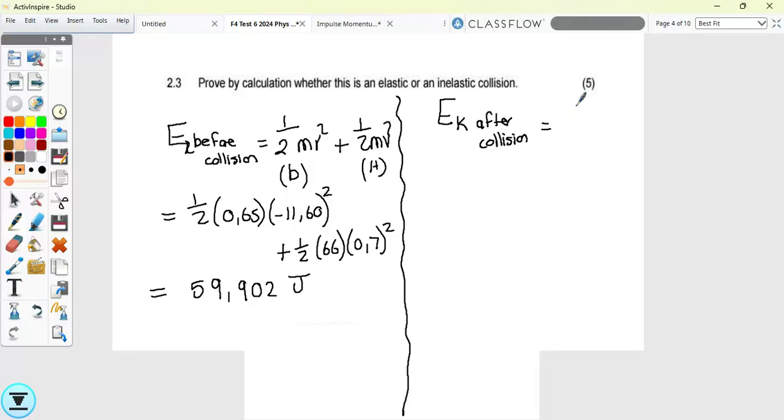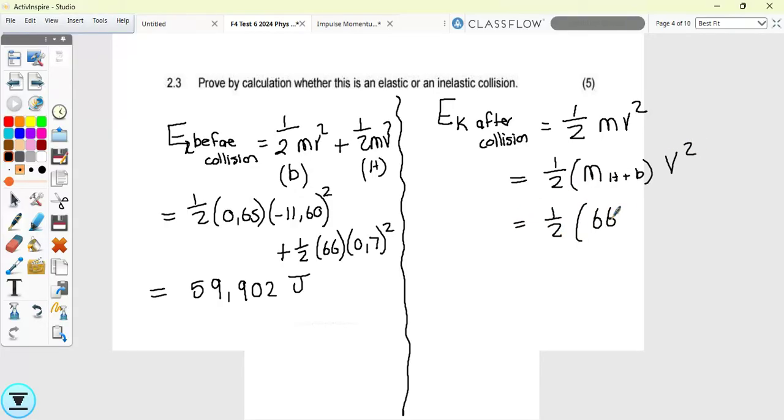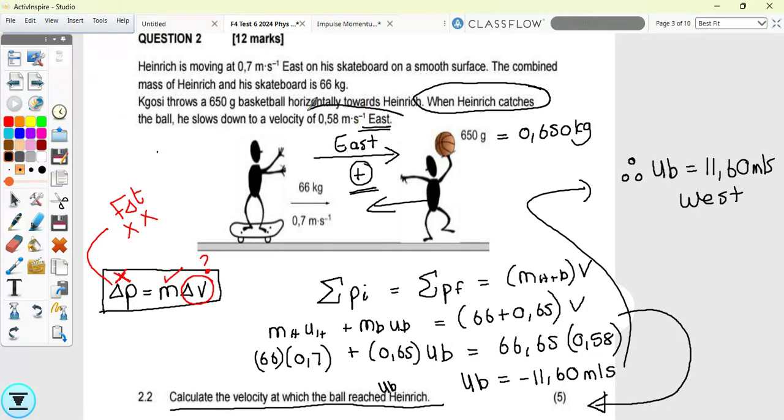They are. So we're still going to say half mv squared, but we can do the same as what we do with the momentum part. So we can say half, m of Heinrich plus the ball, times v squared. So that's going to be half times 66 plus 65, and our velocity after the collision, the question told us, is slowing down to 0.58.